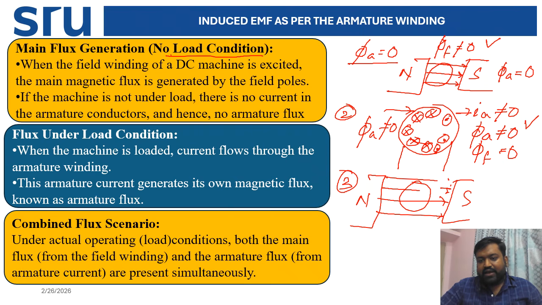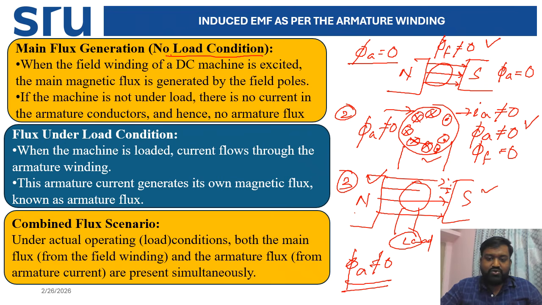The armature, if connected to the load, carries armature current, and due to that it has its own magnetic flux, denoted as phi A. If phi A is not zero, it will affect the main field generated by the north pole as well as the south pole.